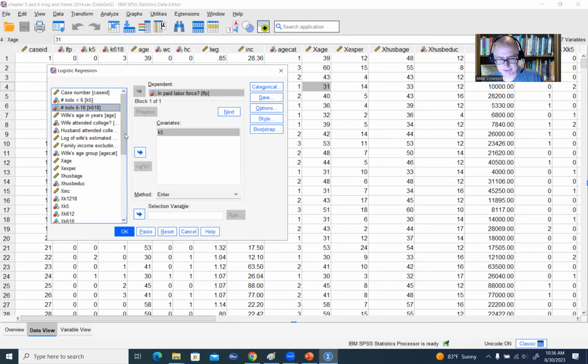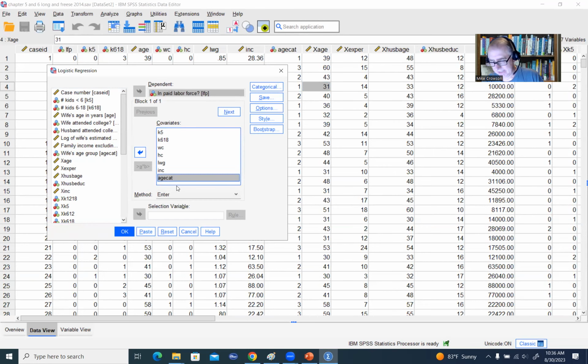Number of kids between 6 and 18, that's our K618 variable. Wife attended college, we'll move that over. Then our husband attended college variable, log of wife's estimated income right there, and then family income excluding the wife's, which is that one right there.